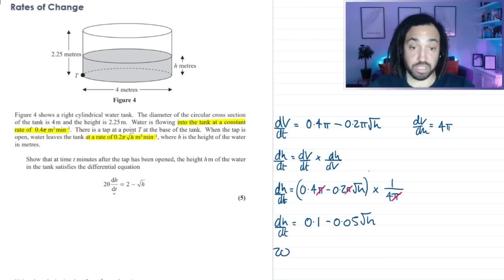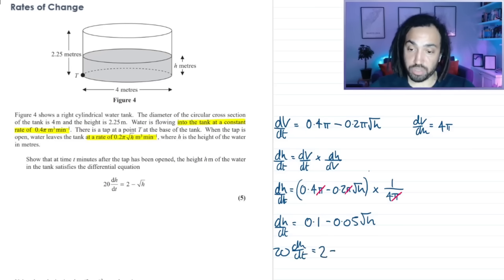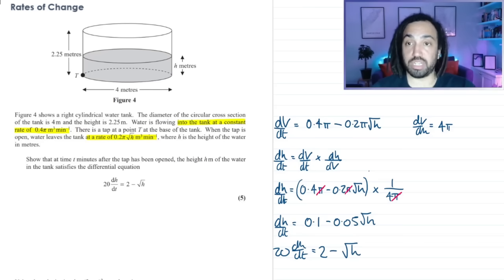And then we can just look over here and we can see that clearly we've got to times through by 20. Times that by 20 gives us 2. Times that by 20 will cancel the 0.05. So we get this as required.